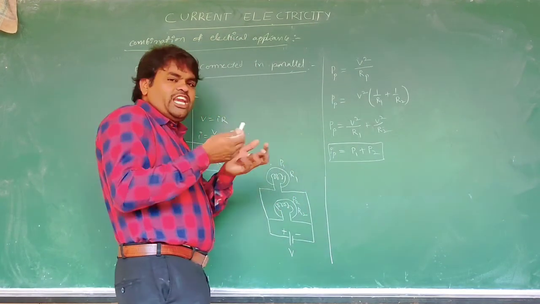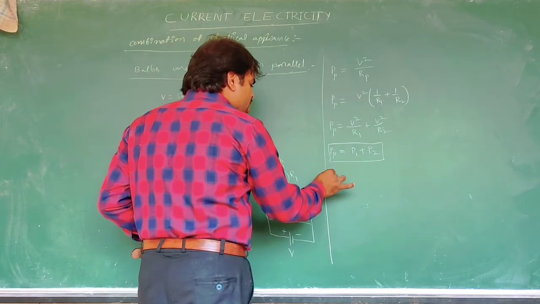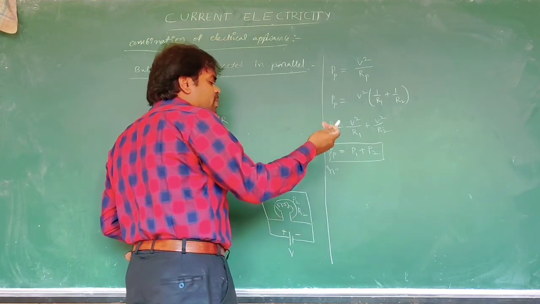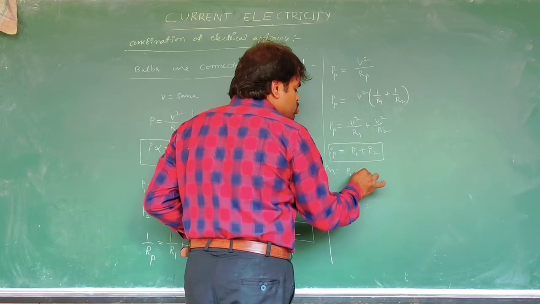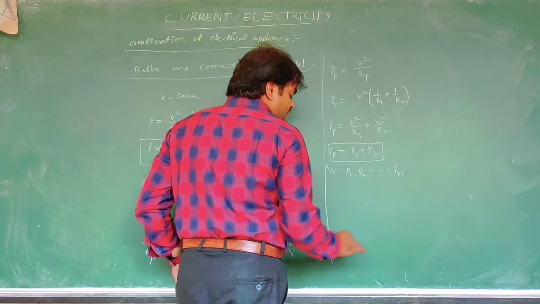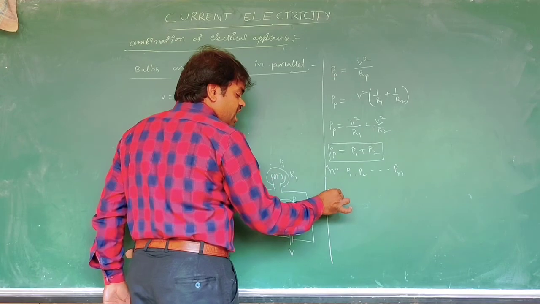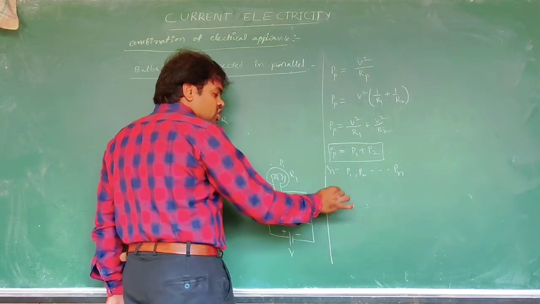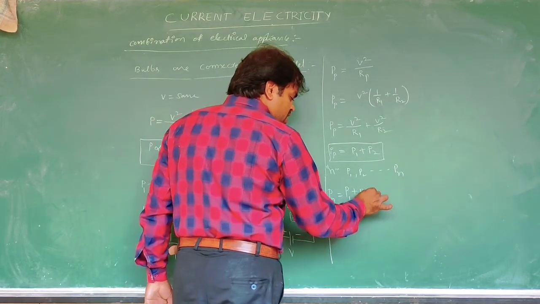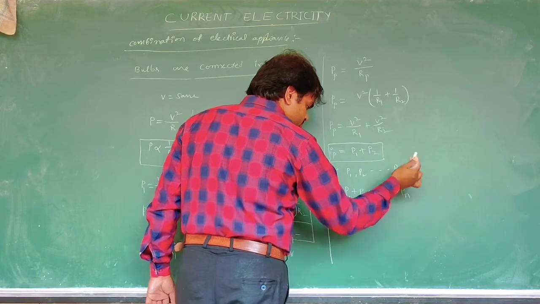If n electrical appliances of powers P1, P2, dash dash dash Pn are connected, then in the parallel combination, the effective power Pp is equal to P1 plus P2 plus dash dash dash Pn.